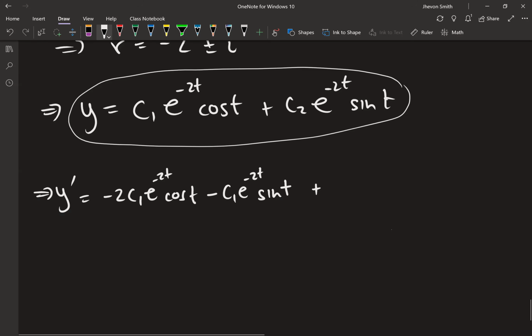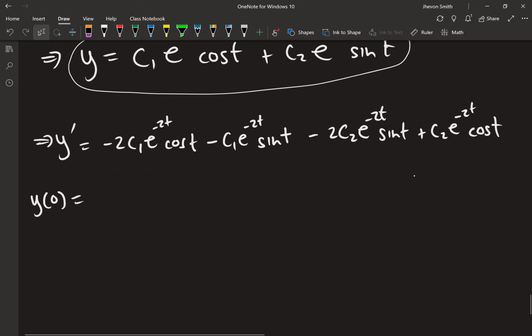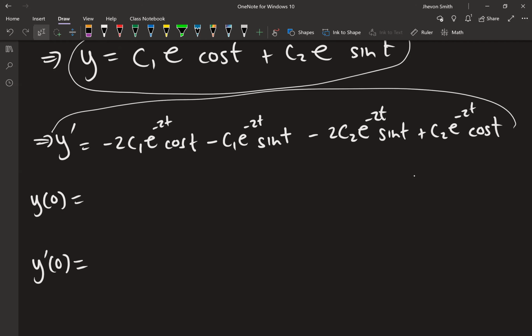Plus, or in this case, minus 2c2 e to the minus 2t sine t plus c2 e to the minus 2t cosine t. That's your first derivative.